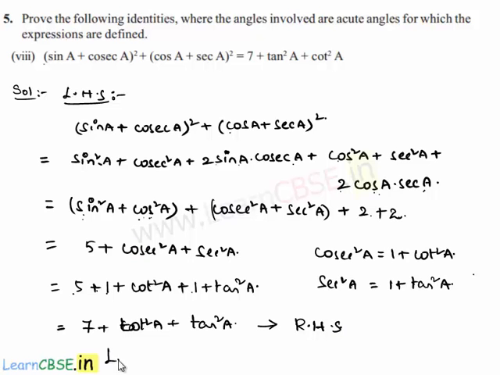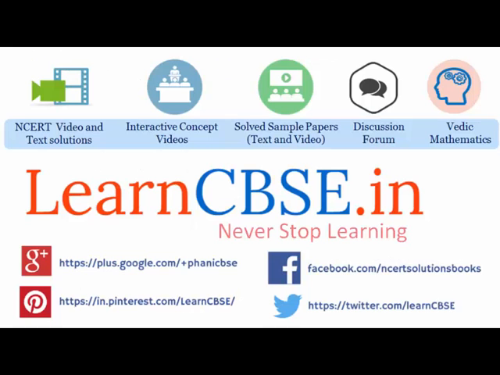So here we got LHS is equal to RHS, and hence we proved that (sin A plus cosecant A) whole square plus (cos A plus secant A) whole square is equal to 7 plus tan square A plus cot square A.